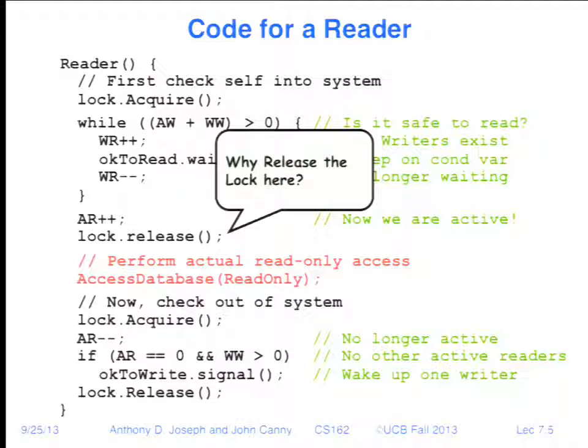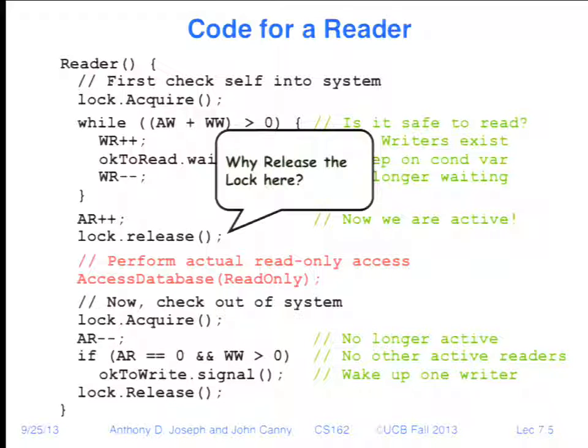What's that? Yeah, exactly. The database is not changing, so we don't need to lock it. And specifically, we want to allow other readers to get through all of this stuff without getting stuck. So we want to synchronously update the state of readers and writers.